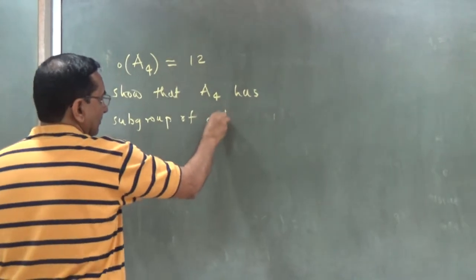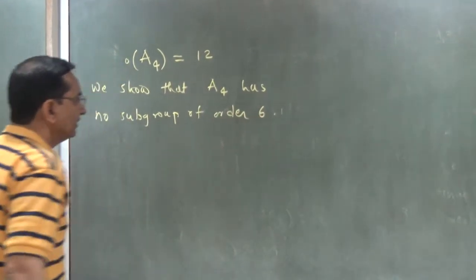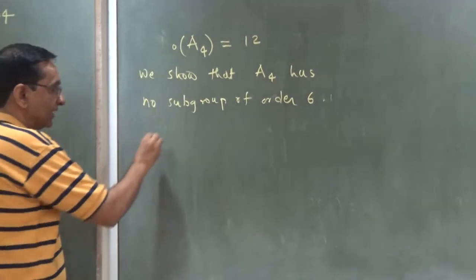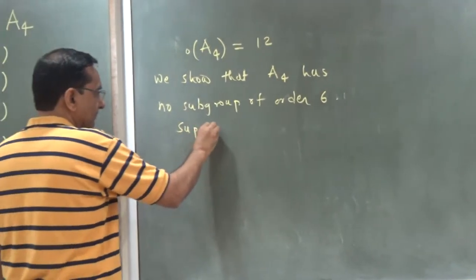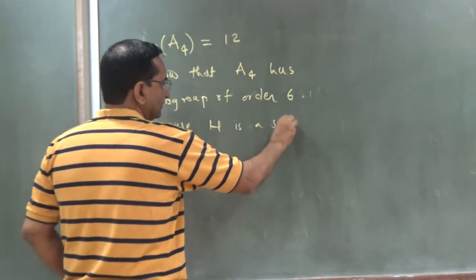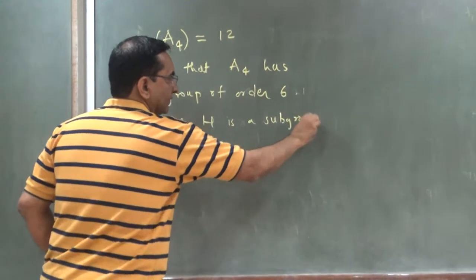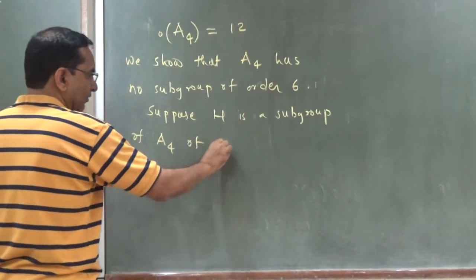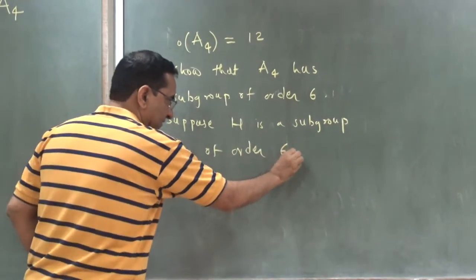Suppose there is a subgroup of order 6, then we will get a contradiction. So suppose H is a subgroup of A4 of order 6.